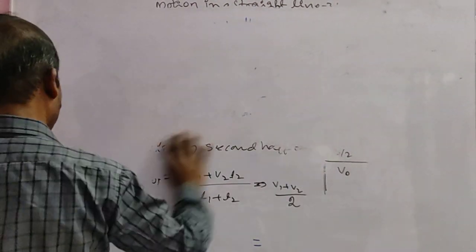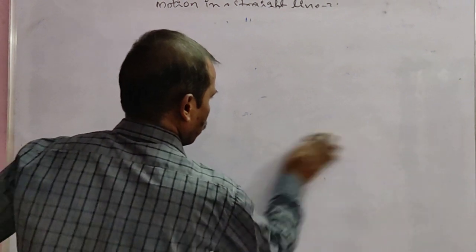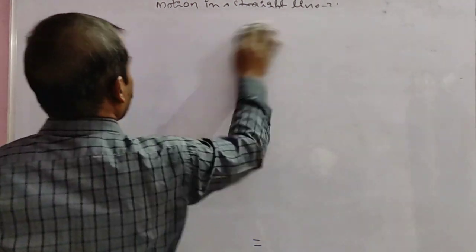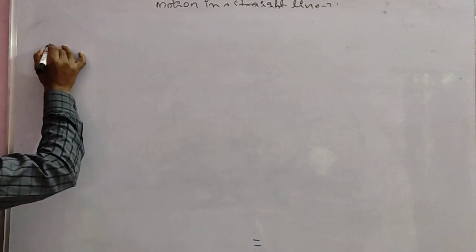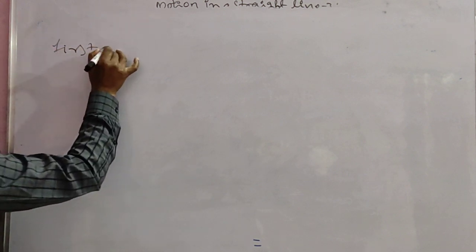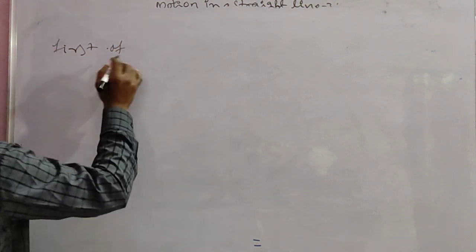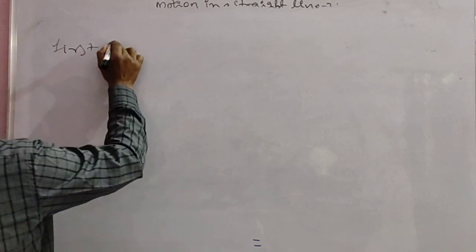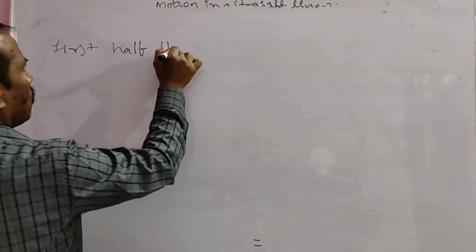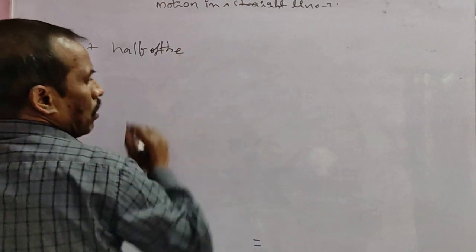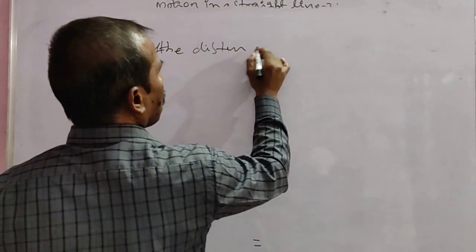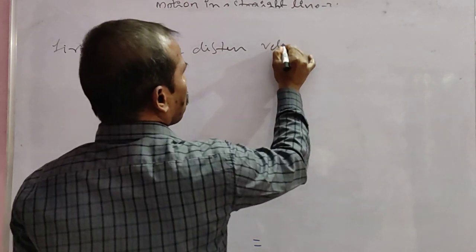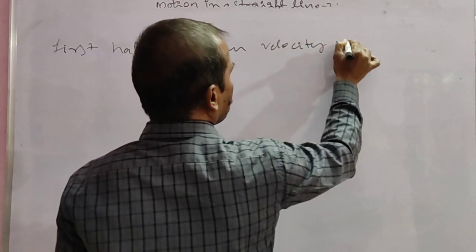Next, for the first half of the distance, the velocity is just V0.